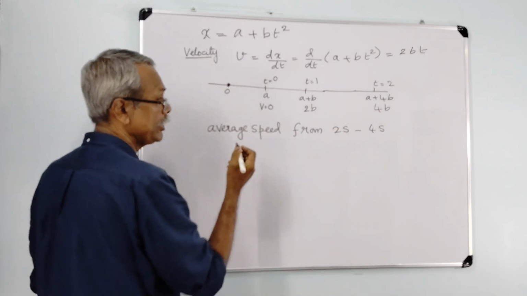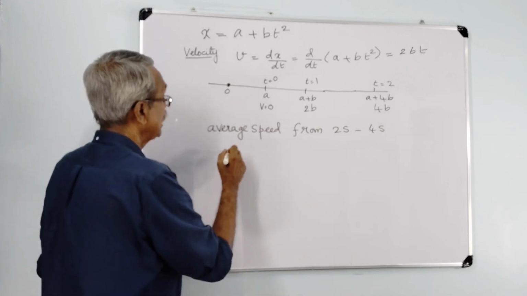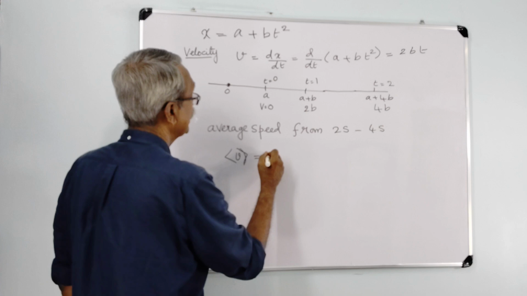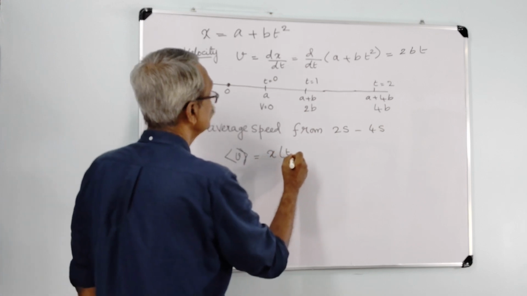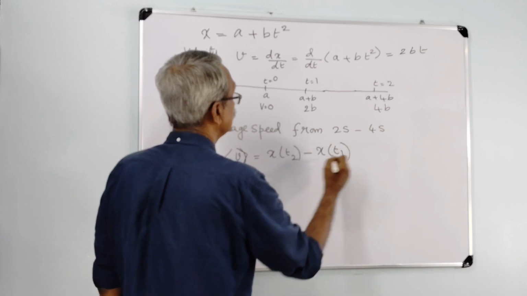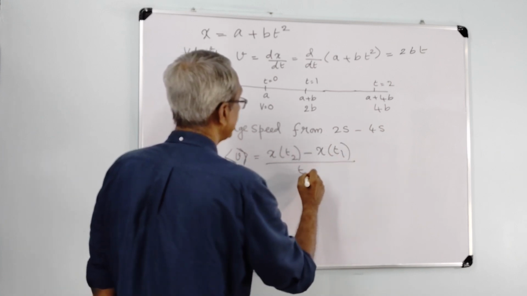That clearly is, we know that the average velocity is x of t2 minus x of t1, divided by t2 minus t1.